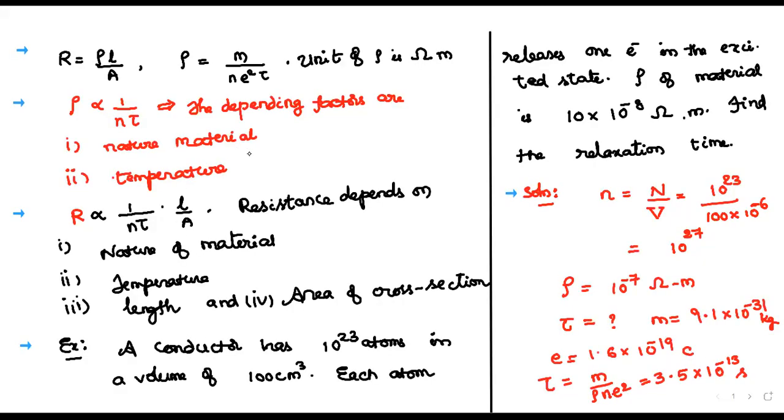And then if we come to here, specifically how it depends, the first model we have done there was how it depends on the nature of the material. Next we are coming to temperature. What have we found when temperature is increased?